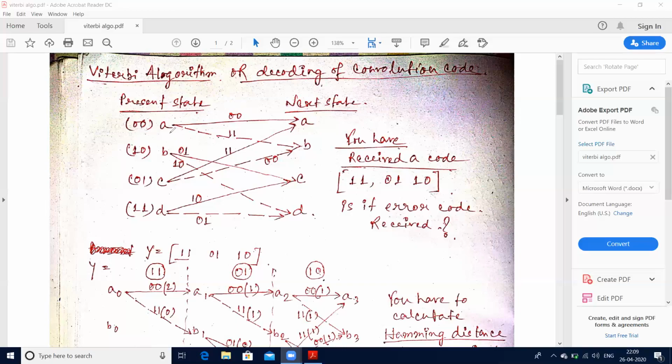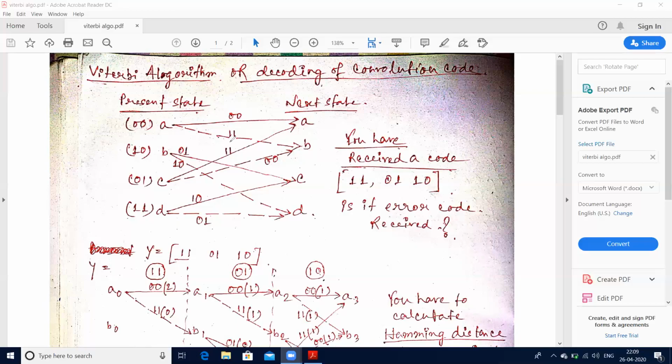So here A is 0, 0. We have shown the 4 possible states 0, 0, 1, 0, 0, 1 and 1, 1, and we have defined each state by a name: A, B, C, D. So 0, 0 is A, 1, 0 is B, 0, 1 is C, and 1, 1 is D. The next state is also A, B, C, D.